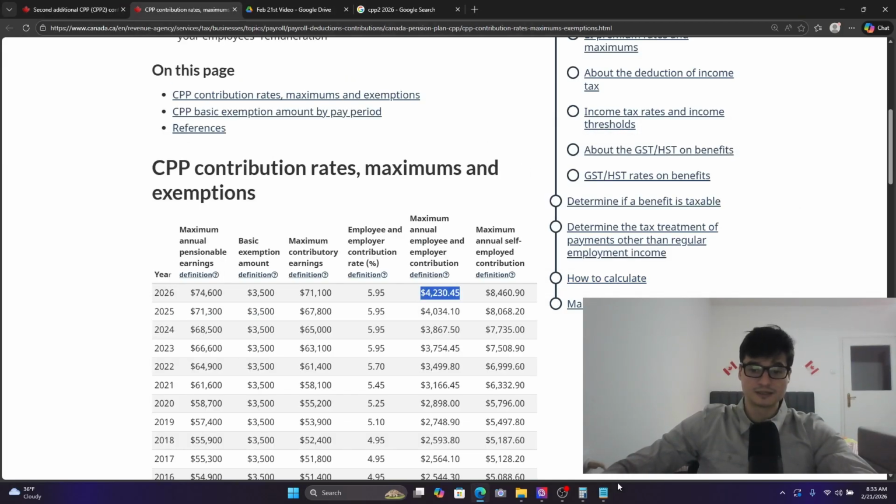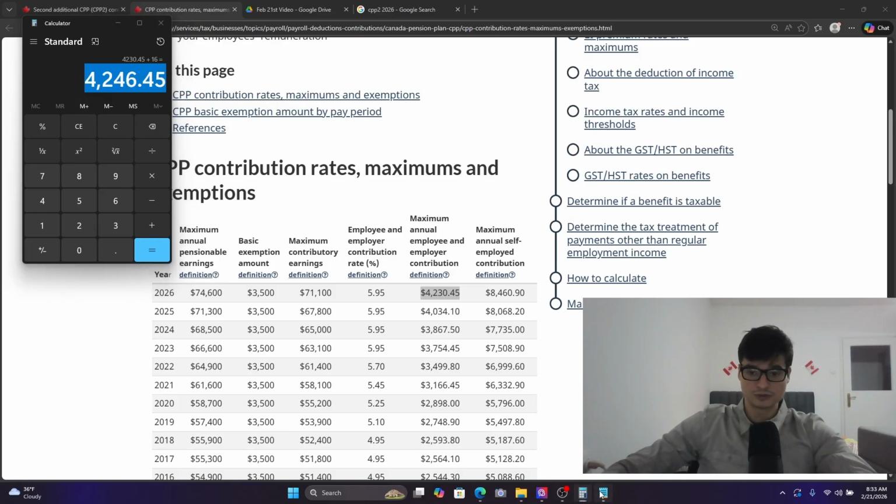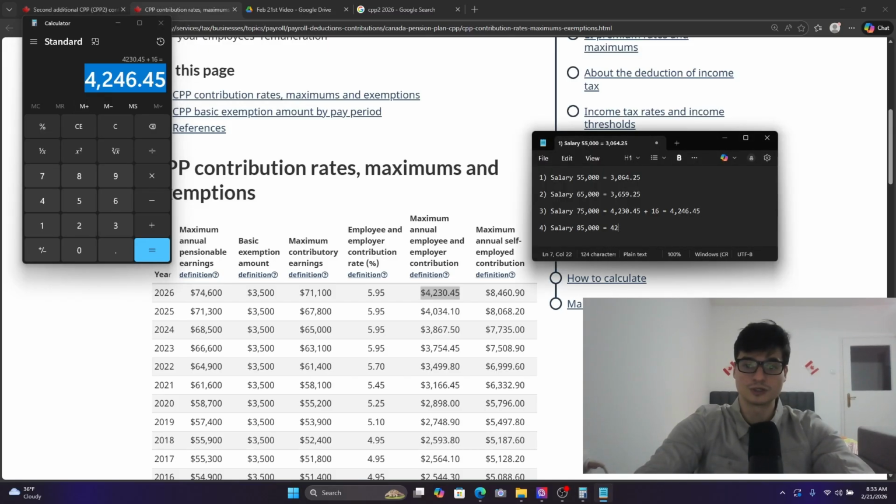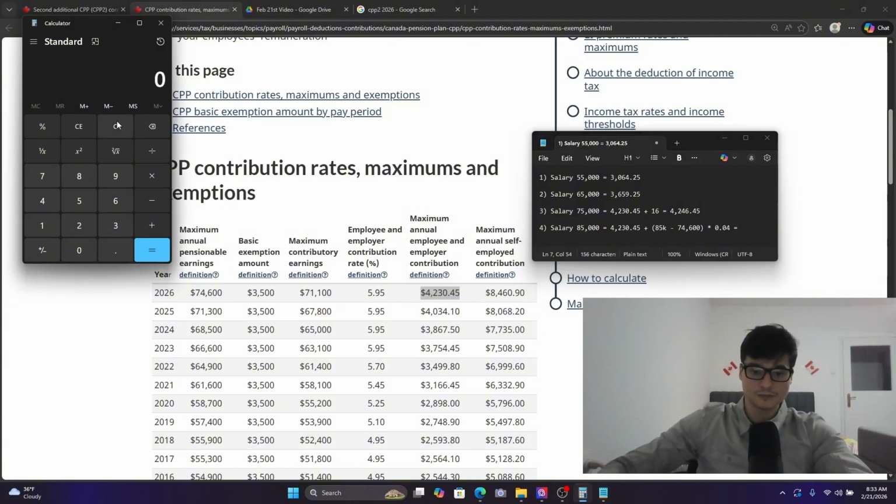And let's look at the 85,000 again. 85,000 again means you're maxed out with the regular CPP of 4,230.45. And now again, what we do is we need to take the difference. So we need to take that 85,000 minus 74,600, times that by 4%. So what is this equal to? 85,000 minus 74,600 is 10,600, times 0.04 is 416.